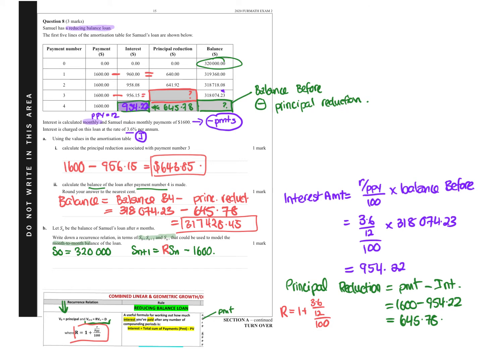If you pop that into your calculator, you'll end up with 1.003. So you can write your final formula as S(n+1) equals 1.003 times S(n) minus 1,600. So what they're looking for is this and this to be written out as a recurrence relation.